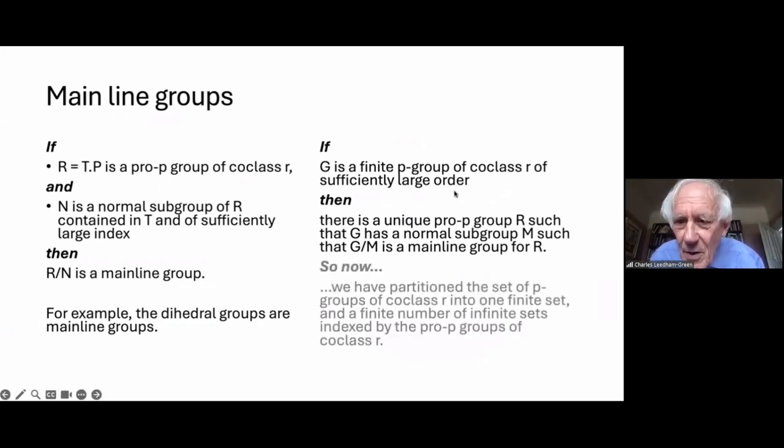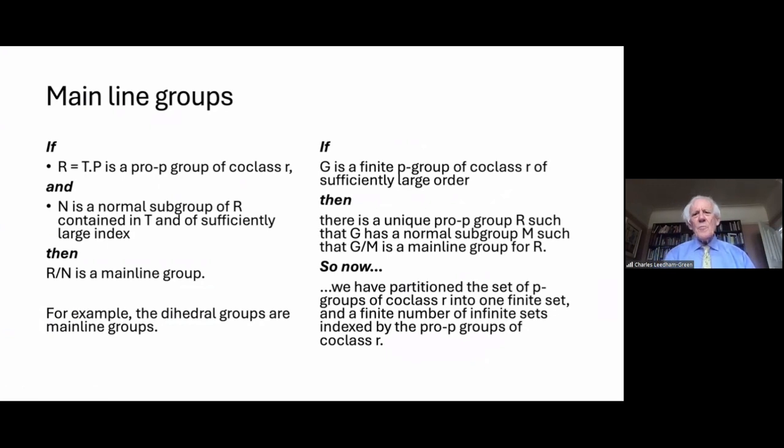So now we have succeeded in partitioning the set of finite groups of co-class r into a finite set, the groups which are too small, and for each pro-p group of finite co-class, of which there are only finitely many, those which have a quotient which is a quotient of that pro-p group and of none other, so that the pro-p groups are used to index these infinite classes.